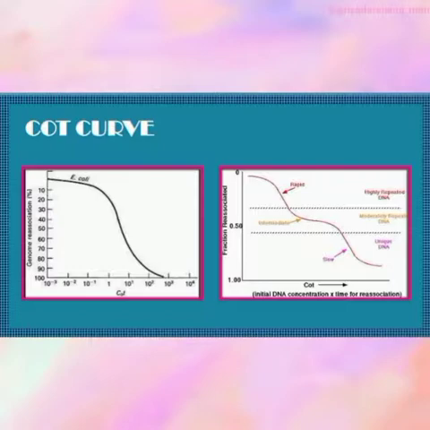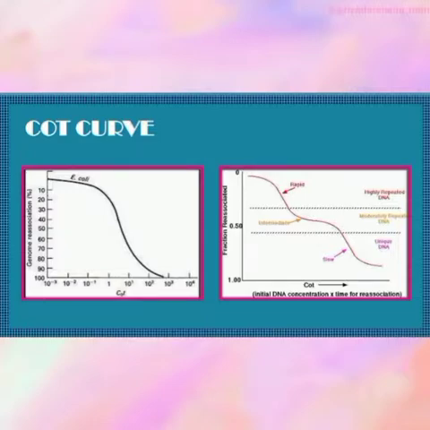A graph of COT points ranging from little or no reassociation until reassociation approaches completion is called a COT curve. From an analysis of a COT curve, one can determine genome size, relative proportions of single copy and repetitive sequence, the fraction of the genome occupied by each frequency component, and the mean kinetic complexity of the sequences in each frequency component.